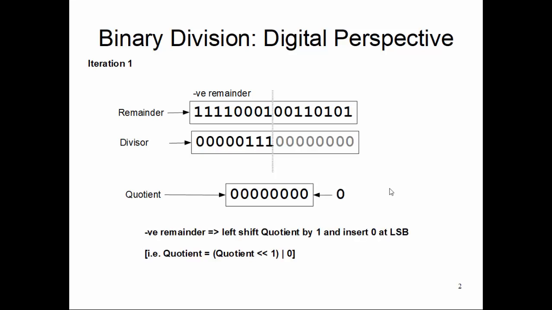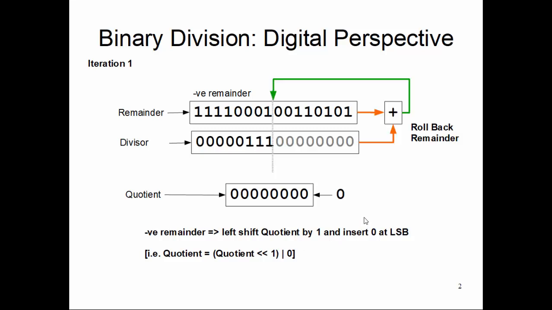For a negative remainder, we left shift the quotient by 1 bit and insert 0 at the LSB. Practically, this can be done by left shifting 1 bit and ORing with a 0 at the LSB position. So that's what is being done.